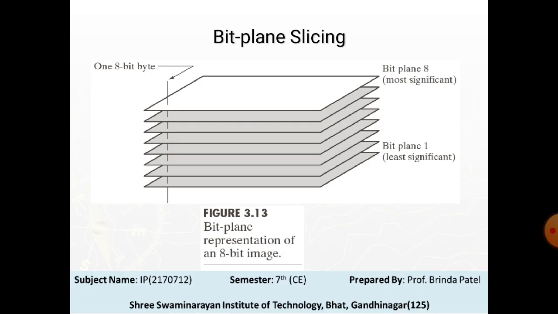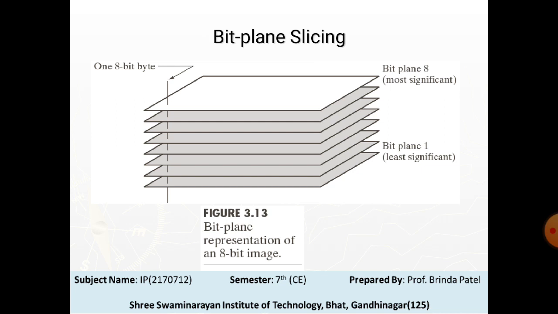So now, bit plane slicing. Instead of highlighting gray level ranges, highlighting the contribution made to total image appearance by specific bits might be desired. Suppose that each pixel in an image is represented by 8 bits. Imagine that the image is composed of eight 1-bit planes, ranging from bit plane 1 for the least significant bit to bit plane 8 for the most significant bit.